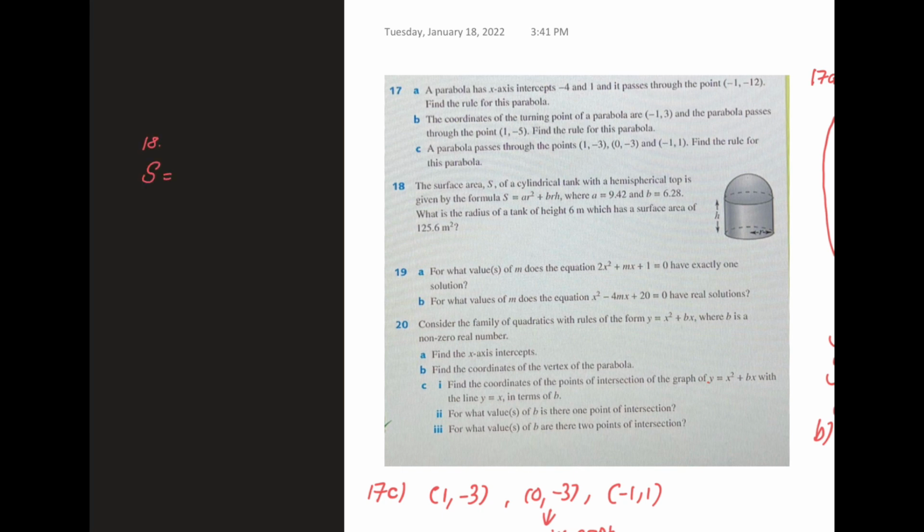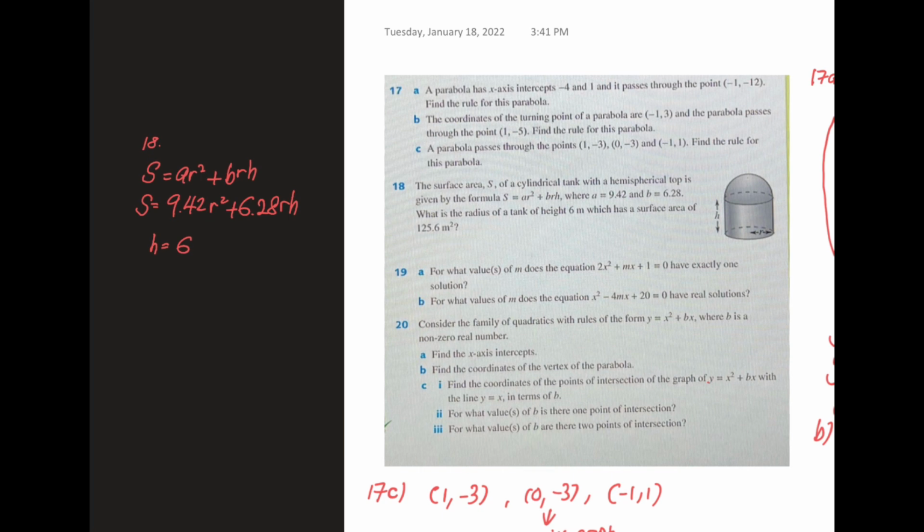So okay, let's do it at the side here. Question 18. S equal to AR square plus BRH. They give us A, 9.42. So I substitute inside 9.42 R square. They give us B, 6.28 RH.